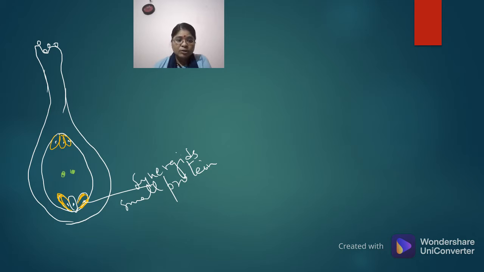I have already told you that there is a constant dialogue going on, and if this pollen has a different gene, then due to self incompatibility they don't allow it to grow. The synergids release a small protein which helps in guiding the pollen tube to reach the egg. Even if you destroy one of the synergids, the pollen tube can still reach. But it has been seen experimentally that if both the synergids are destroyed, then the pollen tube cannot be guided to the egg. So there is a constant chemical dialogue going on, because the synergids release a small protein.